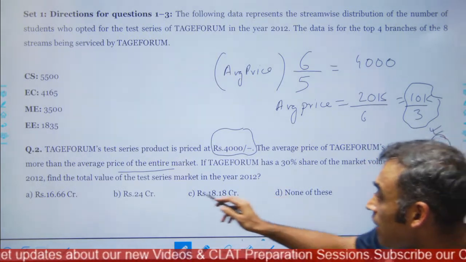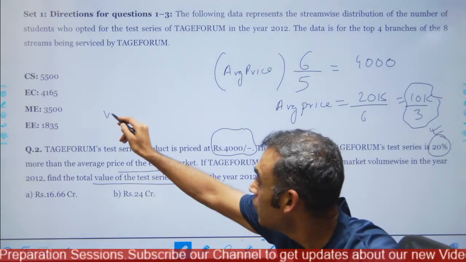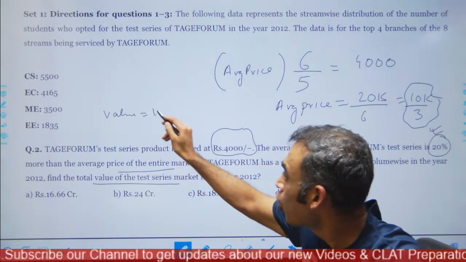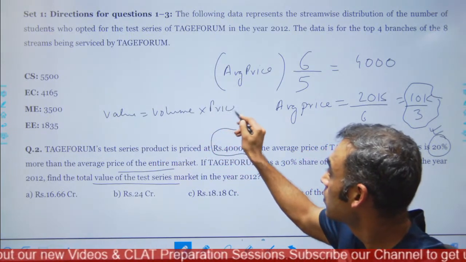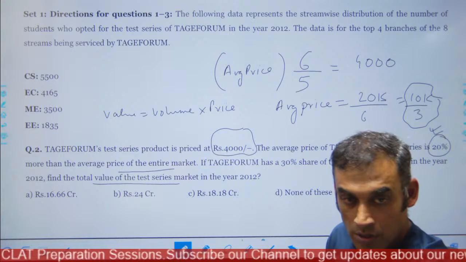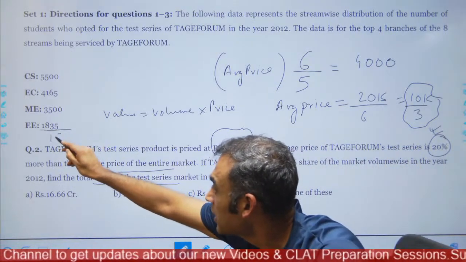Now we have to find out the value. Remember, value is equal to volume into price. We know this sum was coming to 15k.